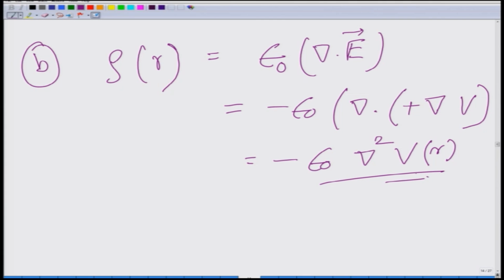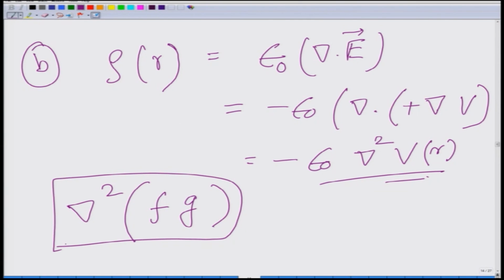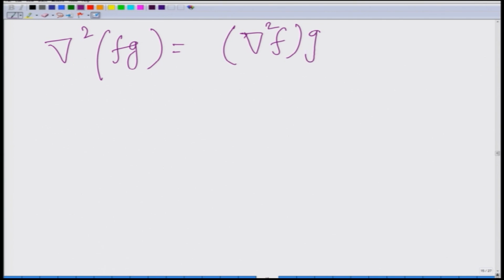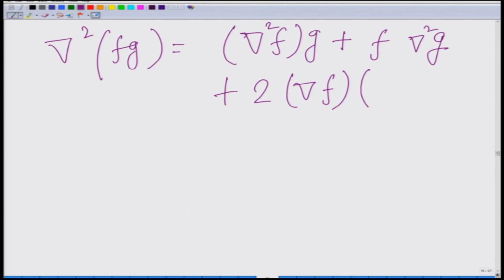Now, del square of f g we need to find out. So, remember that del square of f g is g del square f plus f del square g plus 2 grad f dotted with gradient of g.